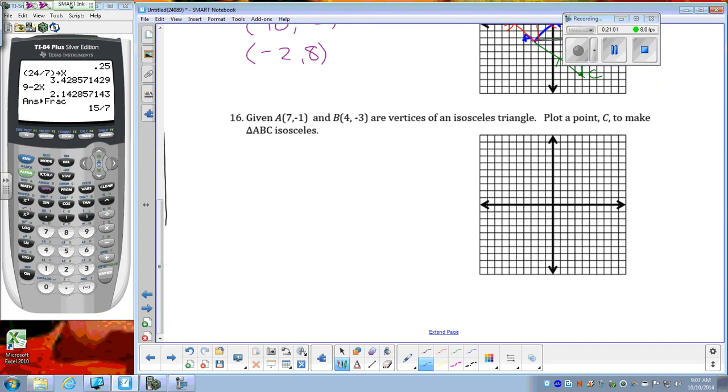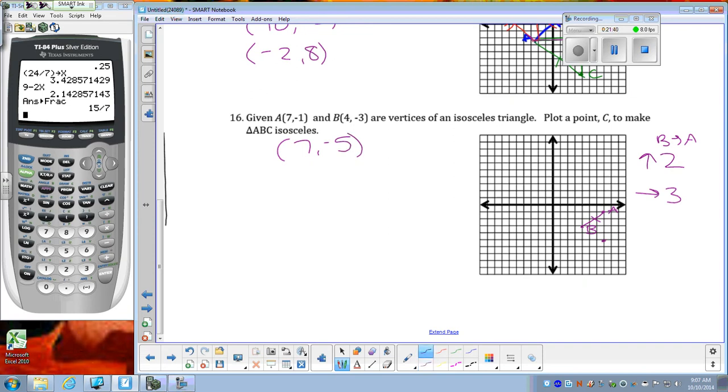So 16, -1, 7 is A, B is 4, -3. All right, so far I have this line, which I had to go up 2 and over 3 to get from B to A. So if I use B as my vertex angle, since I went right 3, I could go down 2 instead of going up 2 to have a point C at -7, -5.